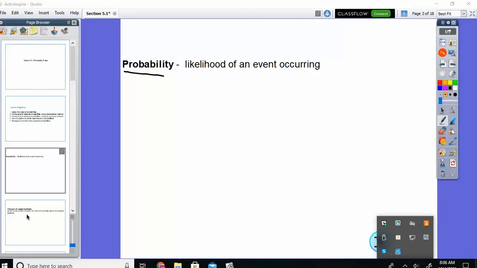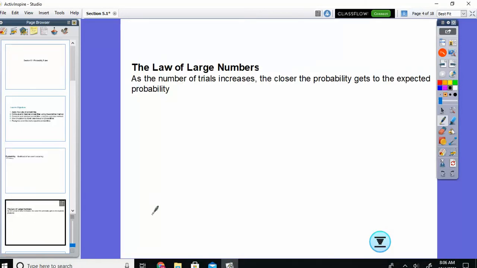So next thing we have the law of large numbers. It says as the number of trials increases, the closer the probability gets to the expected probability. We're going to talk about the difference between an expected probability and what you actually see.